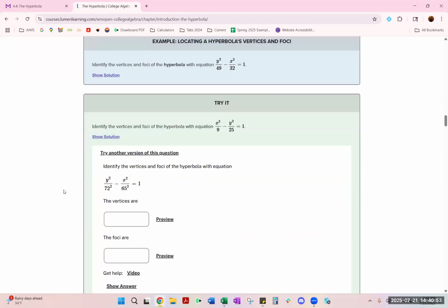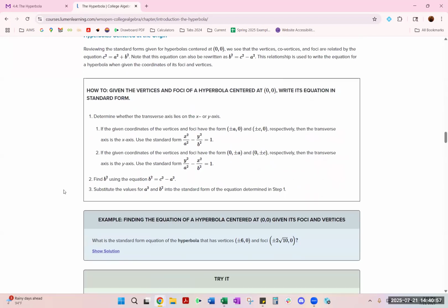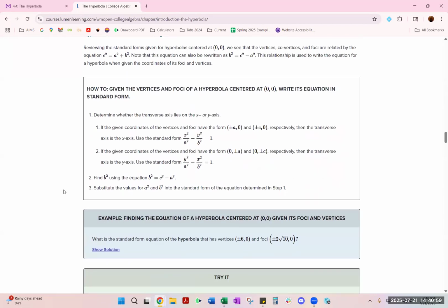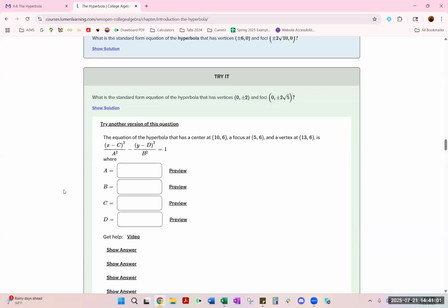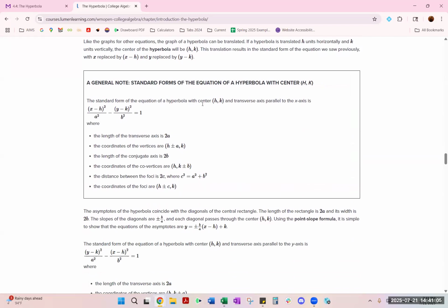And then as you scroll down, you will also see the equations for when the hyperbola is not centered at (0, 0), but has a center at a different point, which we're calling the center (h, k).